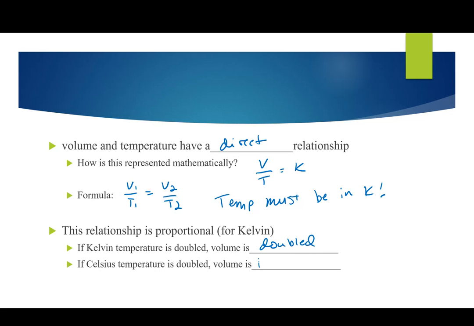It is increased, for sure, but it is not doubled, because doubling Celsius temperature is not the same as doubling Kelvin temperature. If I go from 100 Celsius to 200 Celsius, I'm going from 373 Kelvin to 473 Kelvin. Definitely not doubling. Increasing for sure, but not doubling.